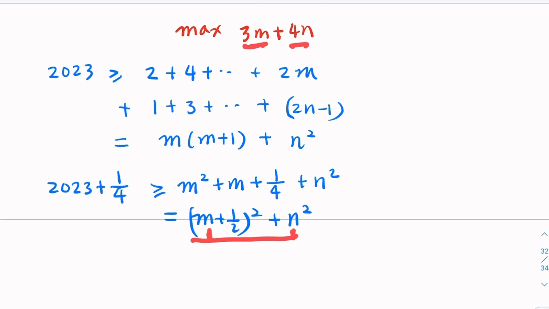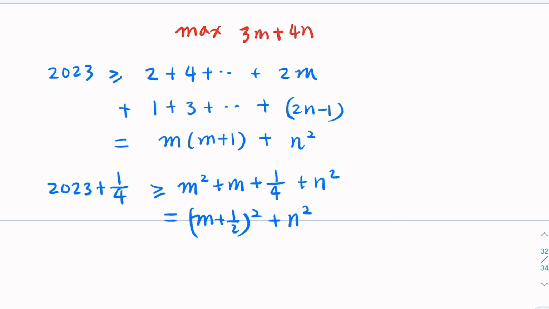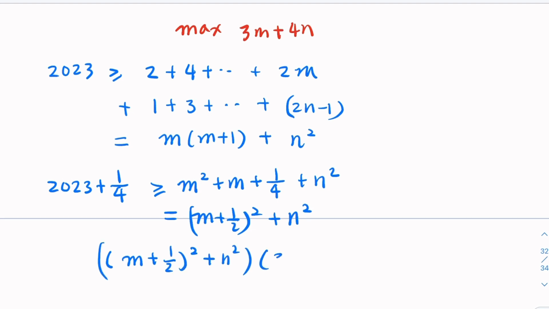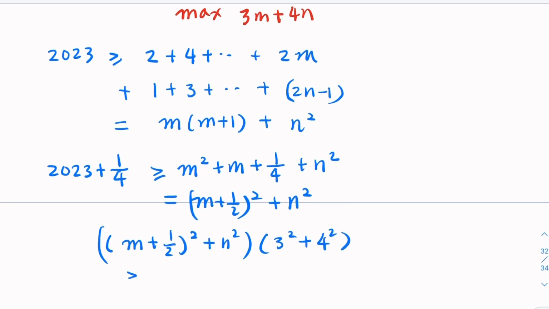So what we need to do is we're going to use coefficients 3 and 4, right? So we have 3 squared plus 4 squared. That's going to be greater or equal to 3 times m plus 1/2 plus 4 times n, squared, right? That's the CS inequality. All right, great.